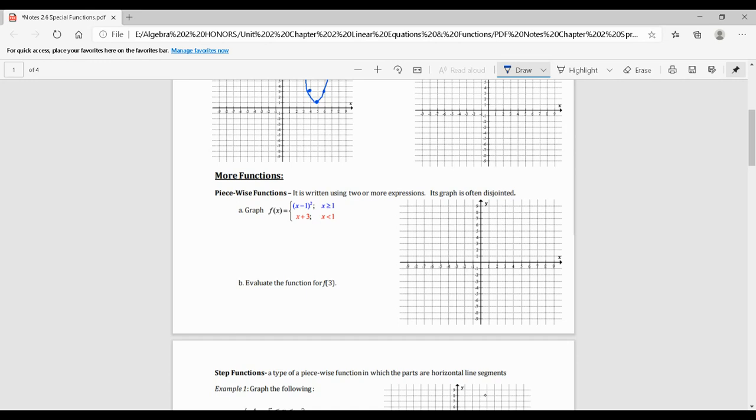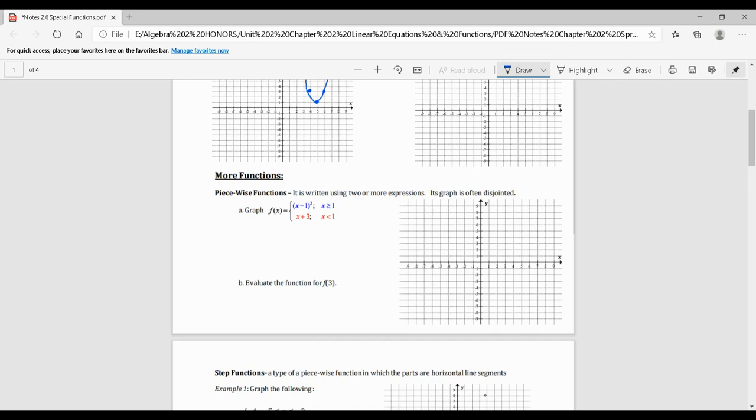So if we look at our first example, we have 2 equations as part of this. x minus 1 all squared and x plus 3. What that's saying is I'm going to have part of a parabola being graphed and part of a line being graphed. And it's just going to be part of them because I'm only going to plot this first graph for when all x values are greater than or equal to 1.